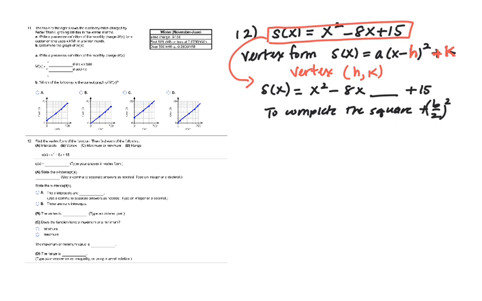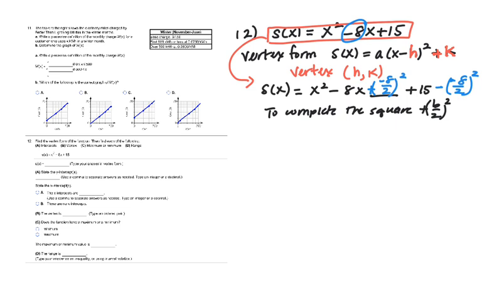If I look at my function here, b is a negative 8. So if I add (b/2) squared, I'll add a negative 8 halves squared. And if I add a negative 8 halves squared, I want to come over here and subtract a negative 8 halves squared. That will keep our function equivalent.